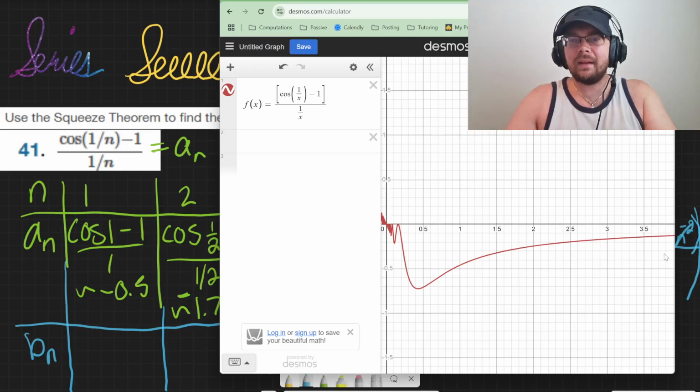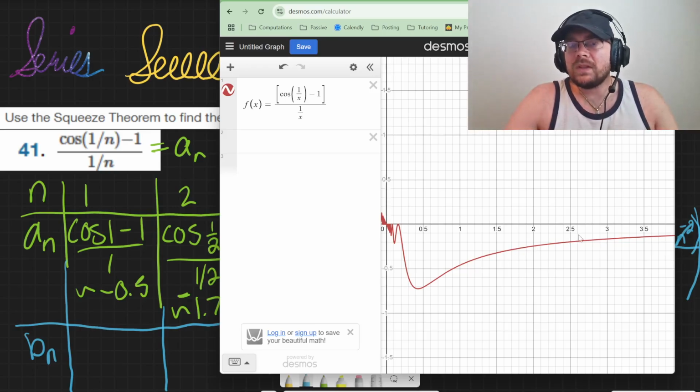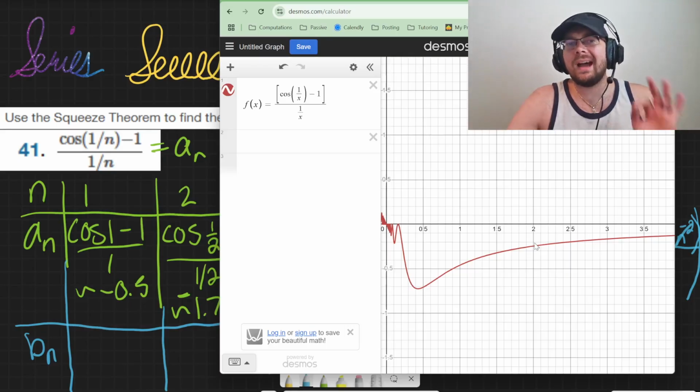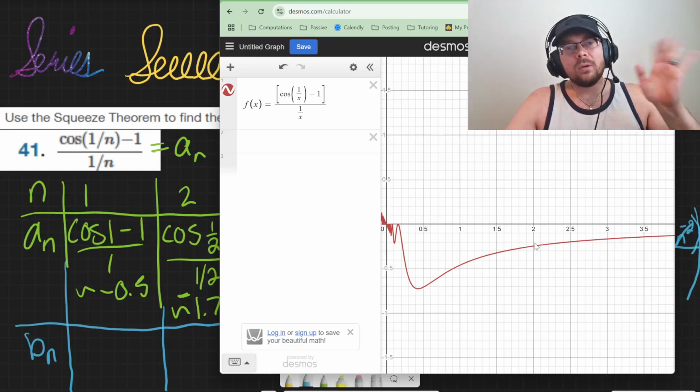So it's definitely coming up from the negative, and you can kind of see, I did 1 and then I did 2. Maybe I did something wrong, because with 1 I got negative 0.5, which was about right, but then the other one I got like negative 1.7. So I did something wrong on the value of 2. I apologize. It was root 3 over 2.